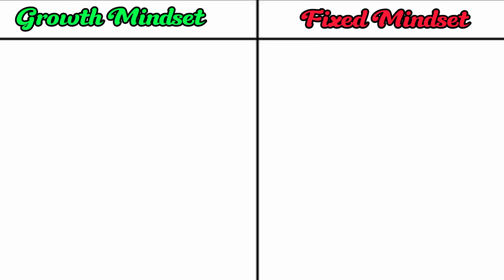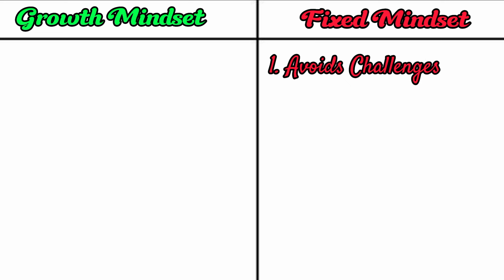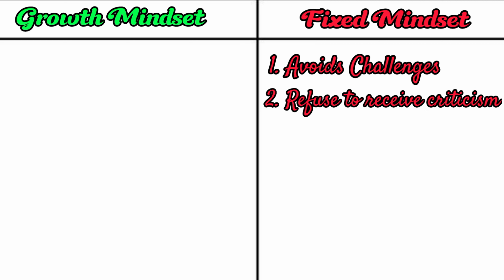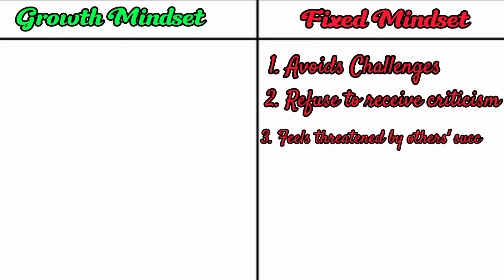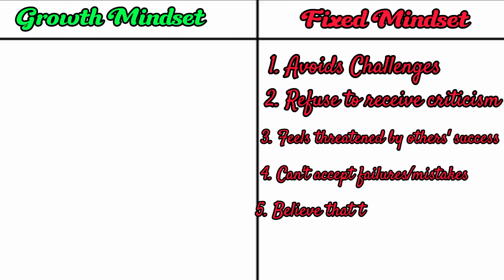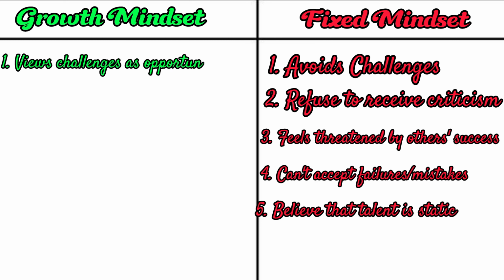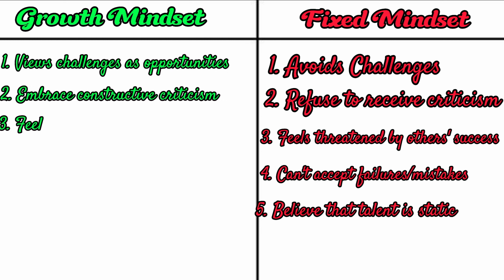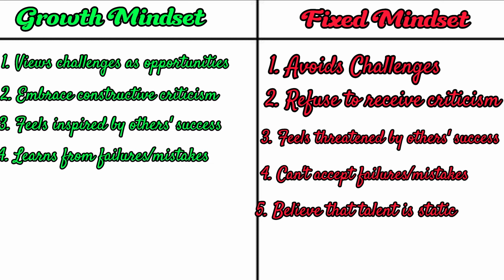A student with a fixed mindset avoids challenges, refuses to receive criticism or feedback, feels threatened by others' success, can't accept failures or mistakes, and believes that talent is static. While a student with a growth mindset views challenges as opportunities to grow, embraces constructive criticism or feedback, feels inspired by others' success, learns from failures or mistakes, and believes that talent is ever improving.